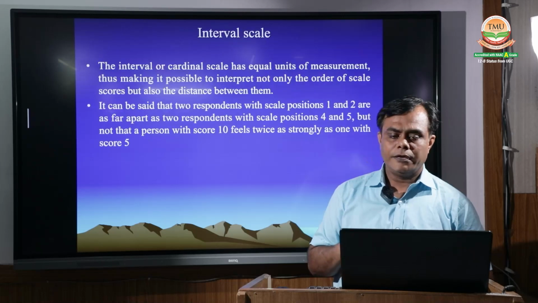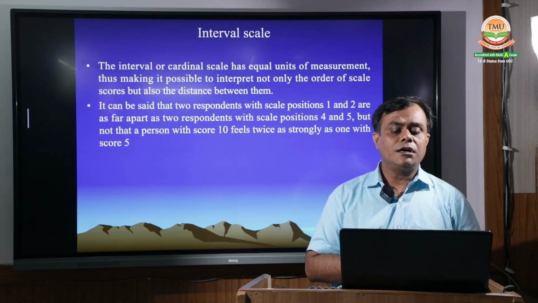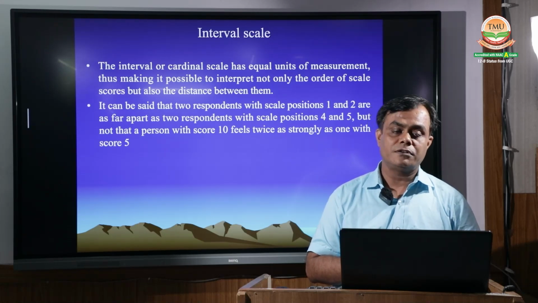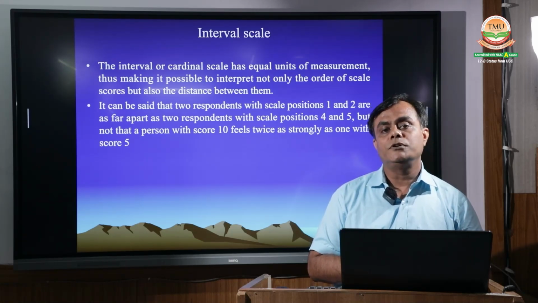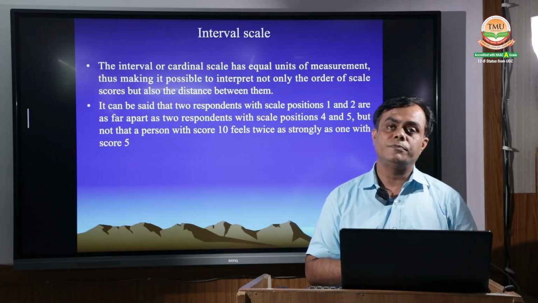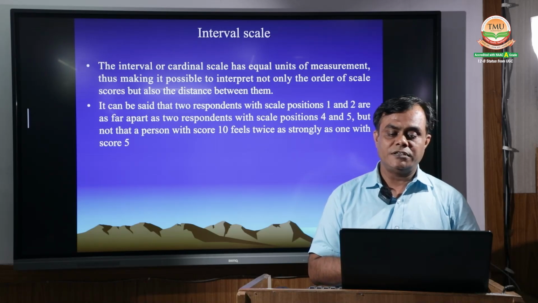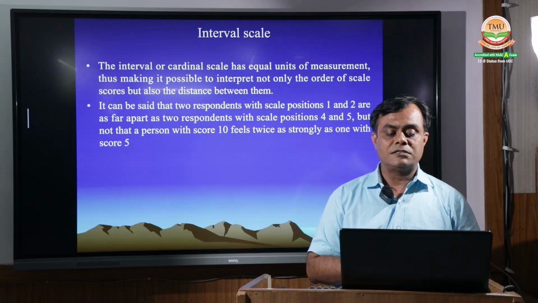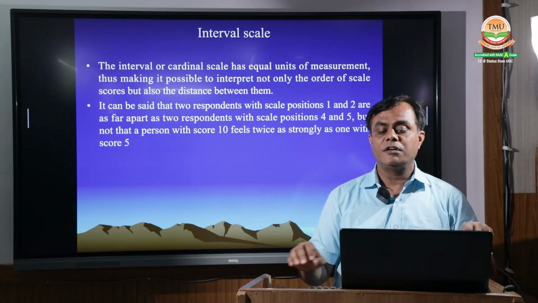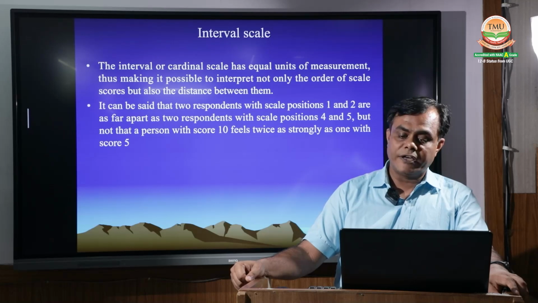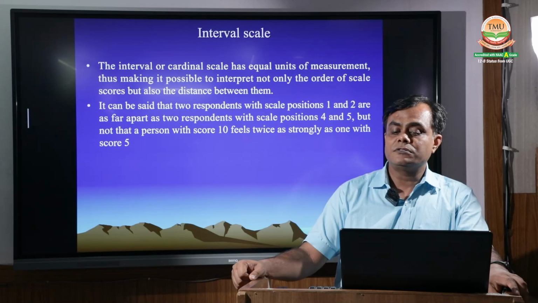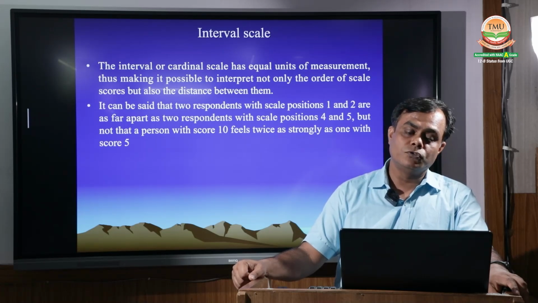Next is the interval scale. The interval or cardinal scale has equal units of measurement, thus making it possible to interpret not only the order of scale scores but also the distance between them. So it can be said that two respondents with scale positions 1 and 2 are as far apart as two respondents with scale positions 4 and 5, but note that a person with a score of 10 does not feel twice as strongly as one with a score of 5.